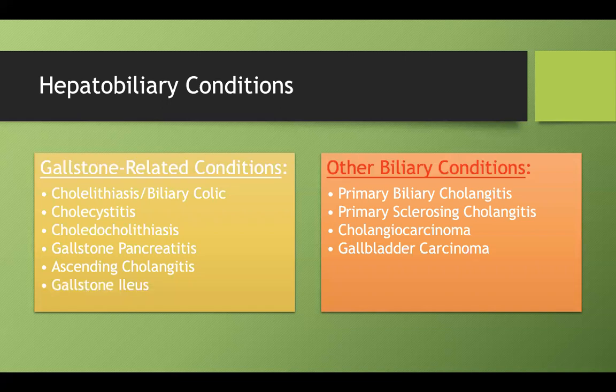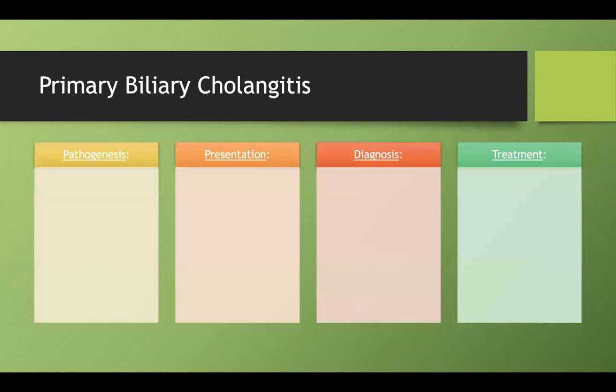Now I want to move on to a few other conditions that involve the bile ducts but aren't related to gallstones in any way. We have two autoimmune conditions, and then we have two types of cancers that we have to go over. So primary biliary cholangitis, previously known as primary biliary cirrhosis, is an autoimmune condition.